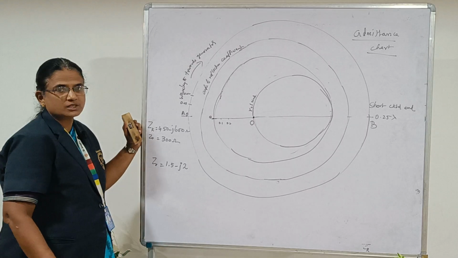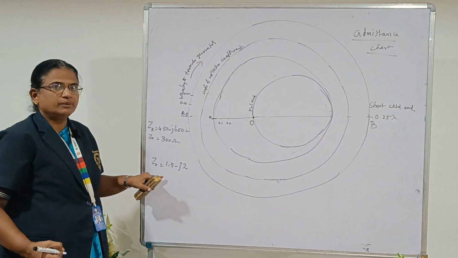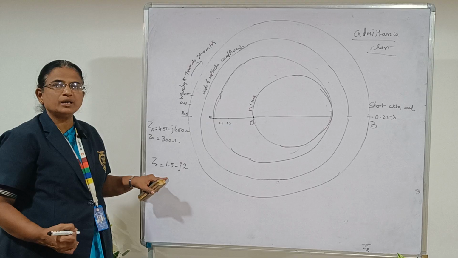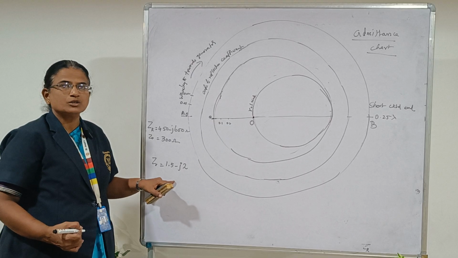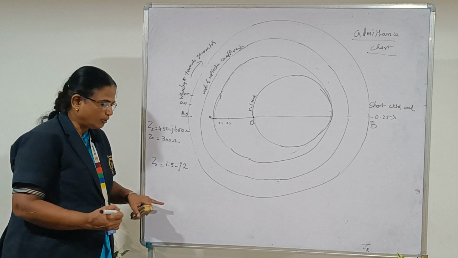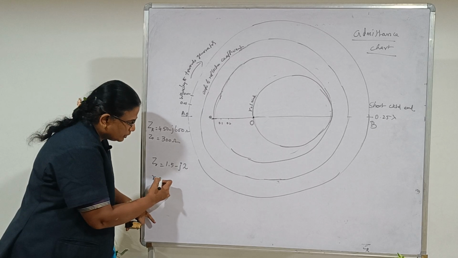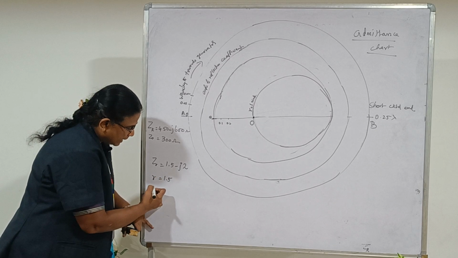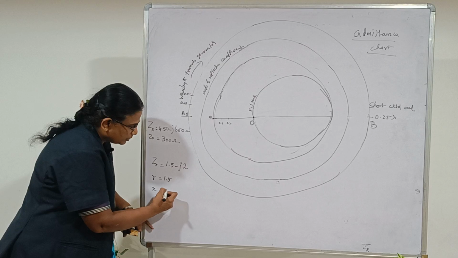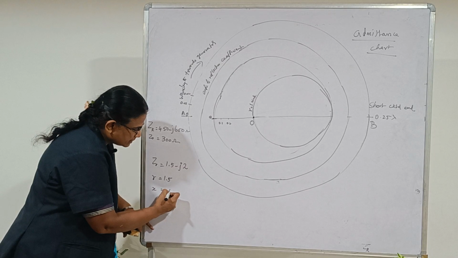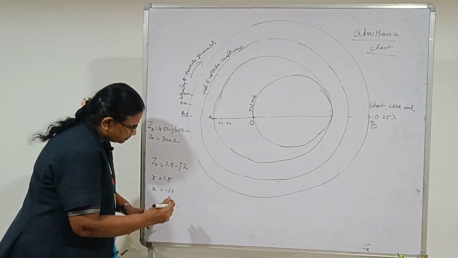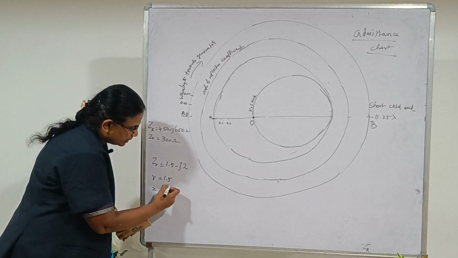It is a dimensionless quantity. So a normalized impedance can be plotted as a point. It is the point of intersection of the R circle, R equal to 1.5, and the reactance, which is minus J2. The reactance is minus 2.